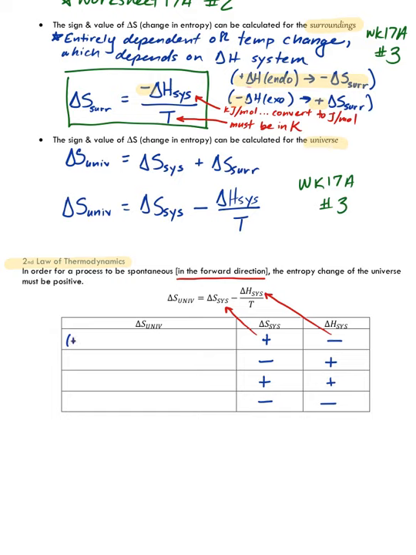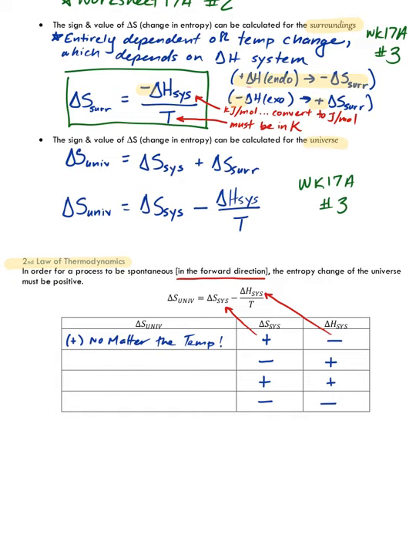I'm going to move that positive sign over there so I have room to write. No matter the temperature. So at all temperatures, this is going to be spontaneous, because we are gaining entropy and releasing heat.